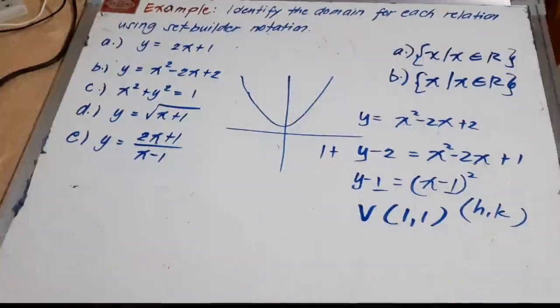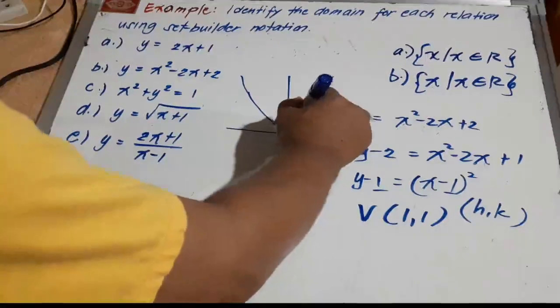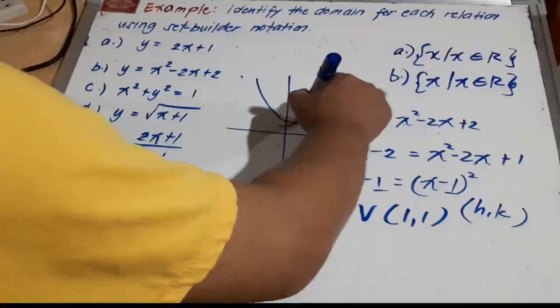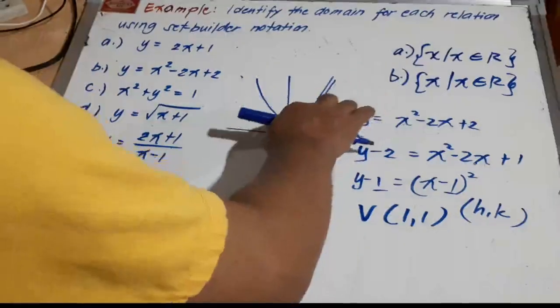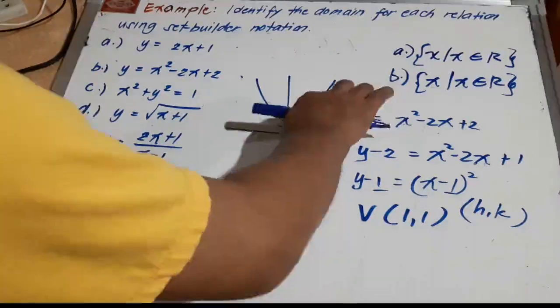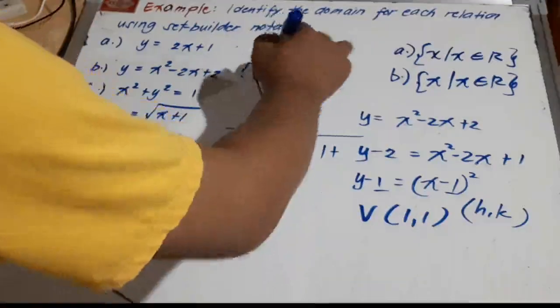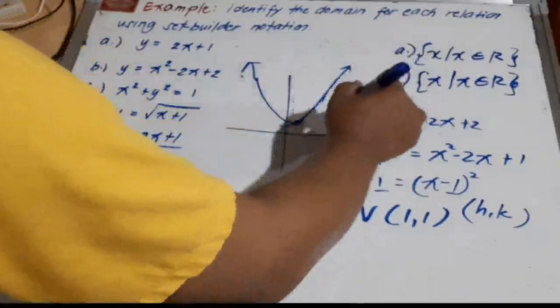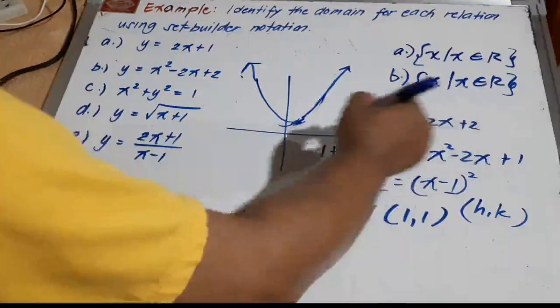Na madidiscuss ko yan sa inyo sa pre-calculus. So, ibig sabihin, nandito yung vertex. Let's say this is 1, 1. Pag ganito siya. Yan. Base doon sa graph, yung graph natin is increasing upward at the same time increasing siya to the left and then increasing upward dito to the right, and then increasing to the right din siya.